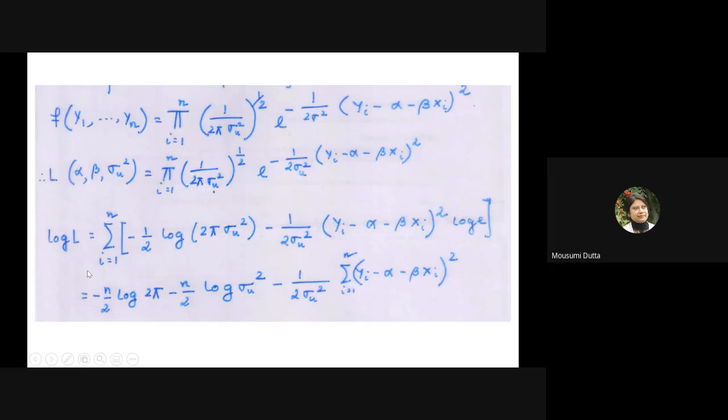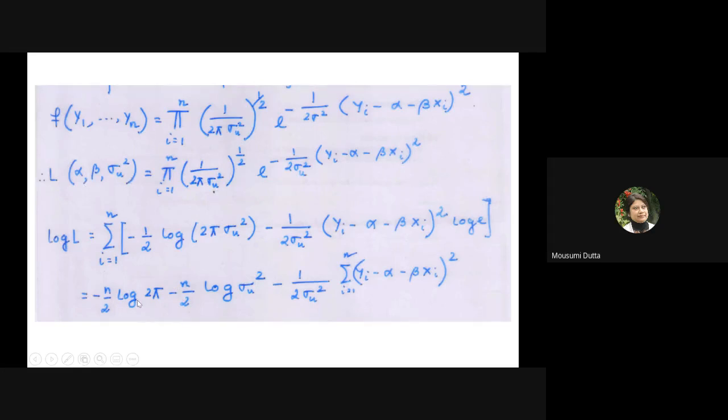Then I am considering the logarithmic transformation, because here there is e to the power something and taking the derivative would be difficult. From the product, when I take the log version, I go to the sum version. So I am getting minus n by 2 log 2 pi. I'm keeping log 2 pi separate from log sigma u square, because when I take the derivative, I have to take it with respect to alpha, beta, and sigma square.